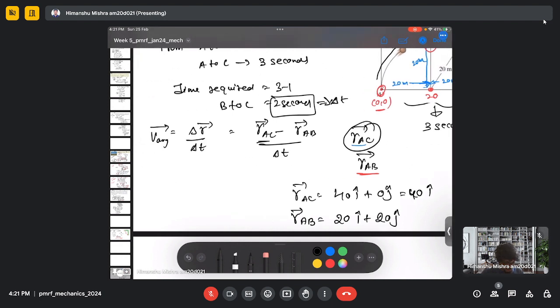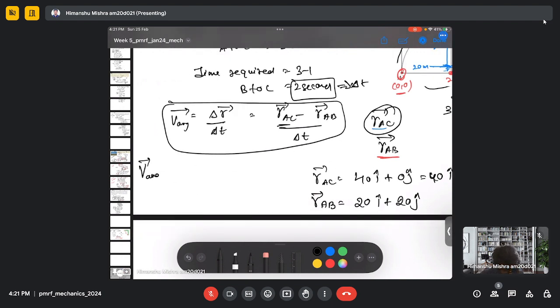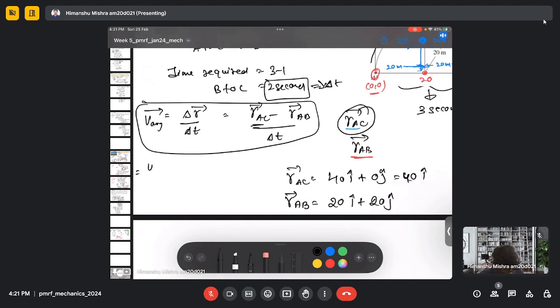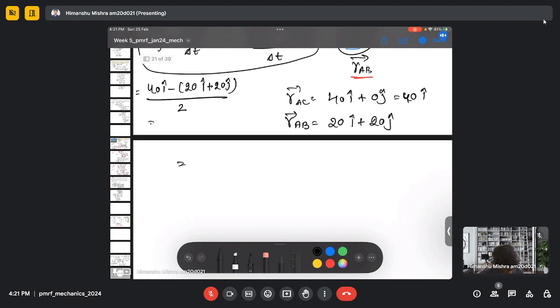Now we can use this relation. So it will be 40i minus 20i plus 20j, divided by 2. So we can subtract this x component from this x component. So it will be 20i minus 20j by 2. So it will be 10i minus 10j.